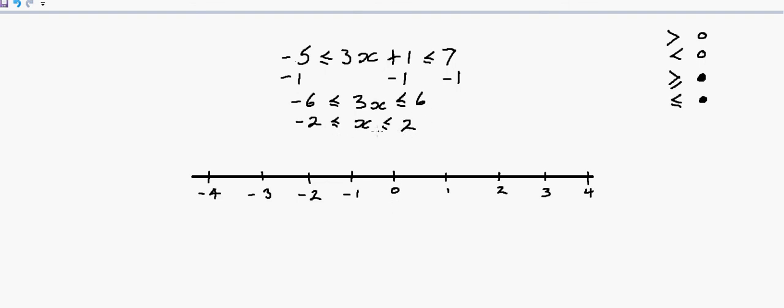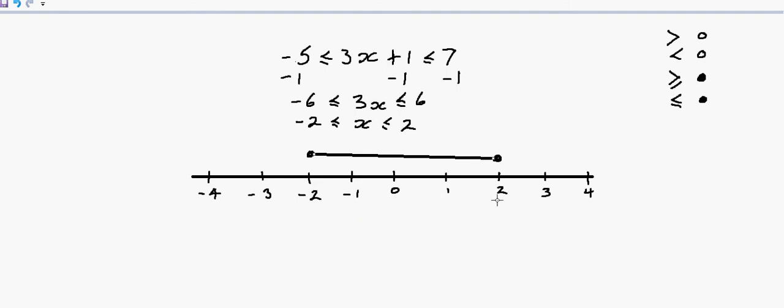Both signs are 'equal to', so they're full circles between minus 2 and 2. Okay, and that will be on the number line, and the numbers for x could be minus 2, minus 1, 0, 1 and 2.